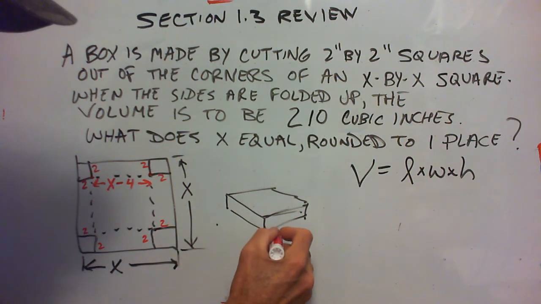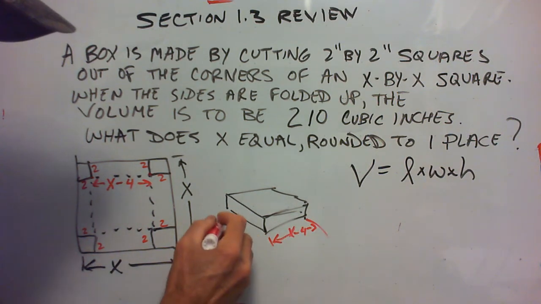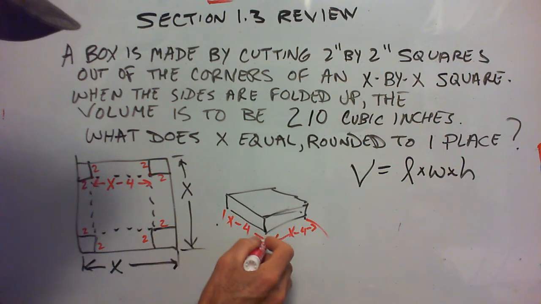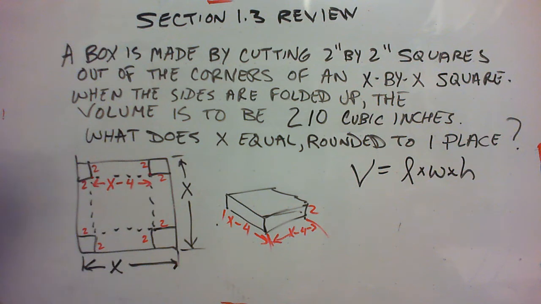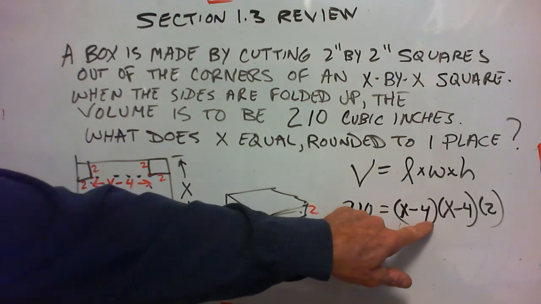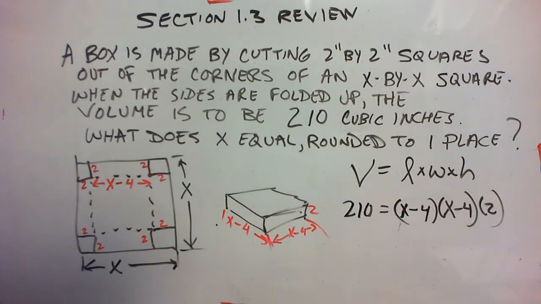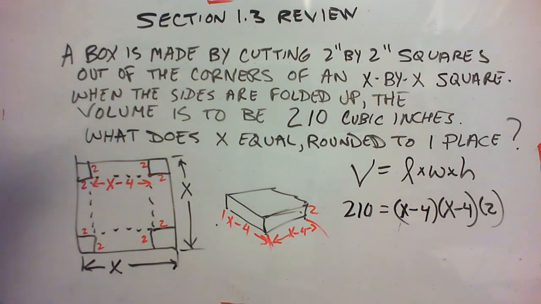So actually our box has a length of x minus 4 and a width of x minus 4 and a height of 2 when we fold up the sides. So that's what we fill in for our variables, and we get the equation 210 equals x minus 4 times x minus 4 times 2. It's a quadratic equation that we can then solve. So why don't you try solving this? When you get your answers, round them to 1 decimal place.